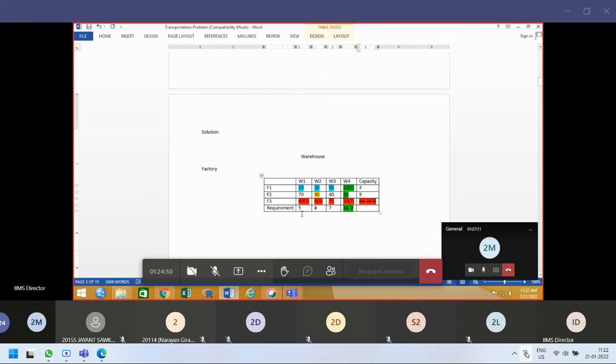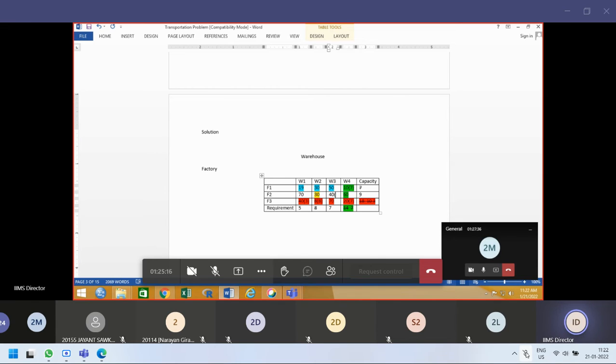Okay. Now, how many elements remain now? Remaining elements are 40 and 70. So now here, in case of 40, again I will go for allocation. How much can I allocate here? 7 I can allocate, right?